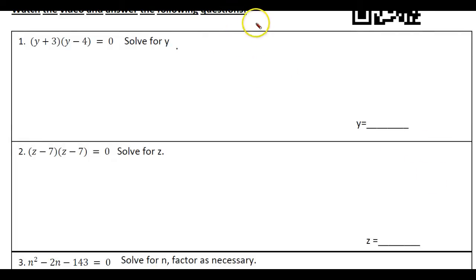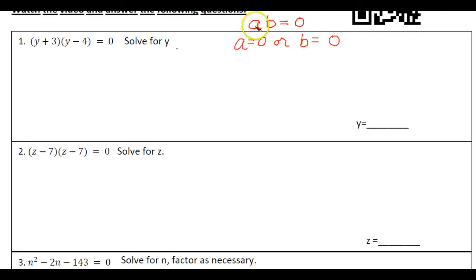Well, we had mentioned in lecture that if we have A as a factor, times B as a factor, and that equals 0, the only way this can be true is that either A equals 0 or B equals 0, or they both equal 0.